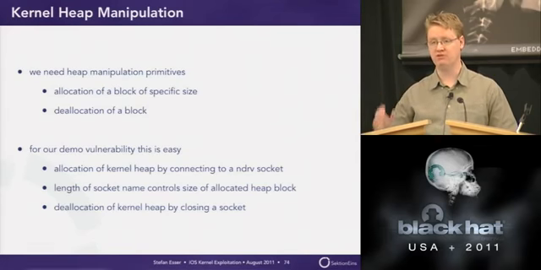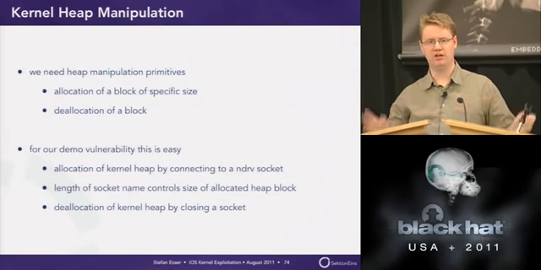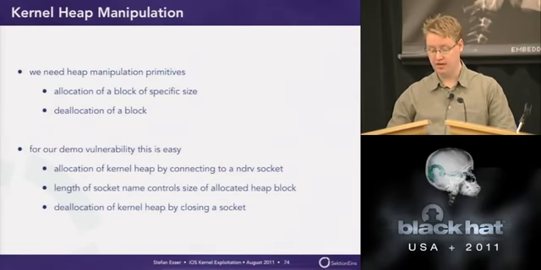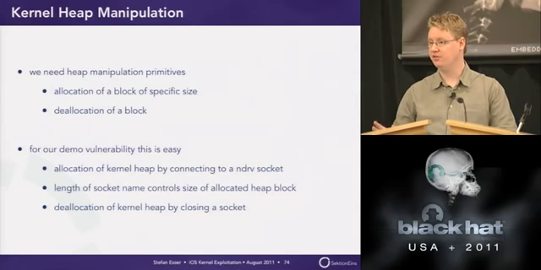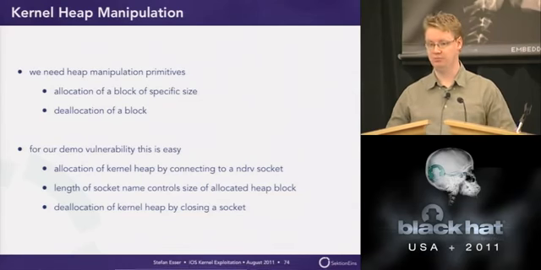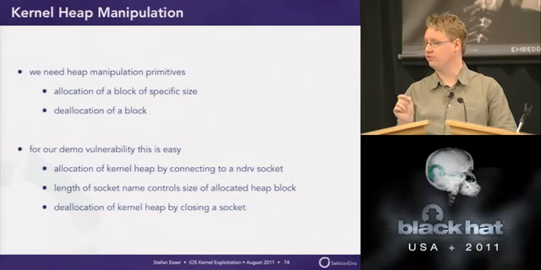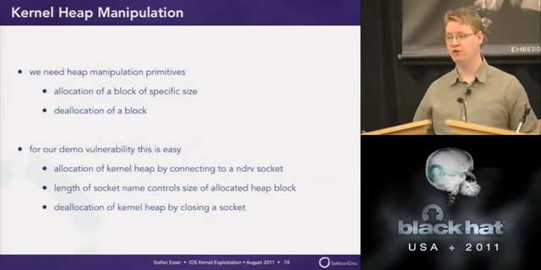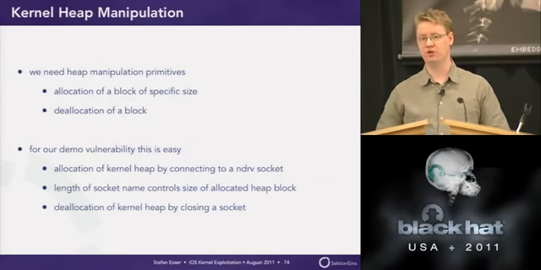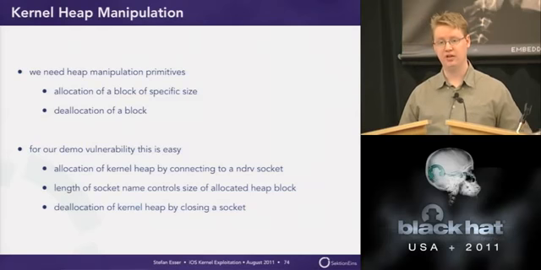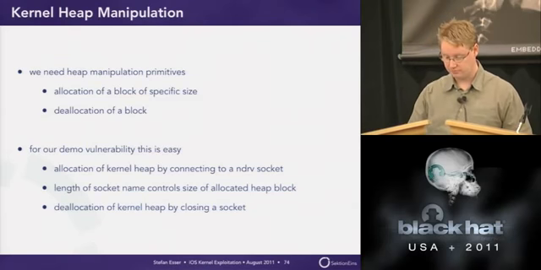When you connect an NDRV socket, you can give it a name with a small but arbitrary length. If you do that, you control the size of the block that is allocated in the heap. So you use different lengths for the socket name, and you can allocate different kinds of memory. When you want to deallocate the memory, you just close the socket. So you can allocate and deallocate.